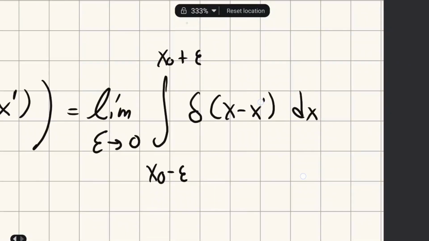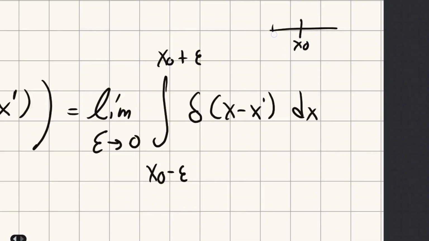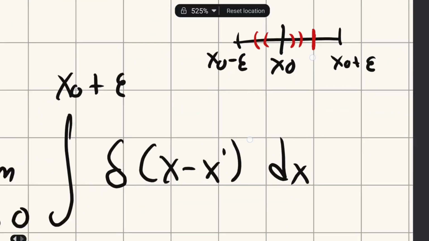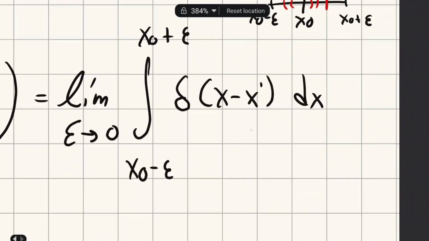So as we make epsilon close to 0, x prime is not actually going to be in the interval x0 minus epsilon, x0 plus epsilon. So as epsilon goes to 0, x prime is going to be out of the interval of integration.